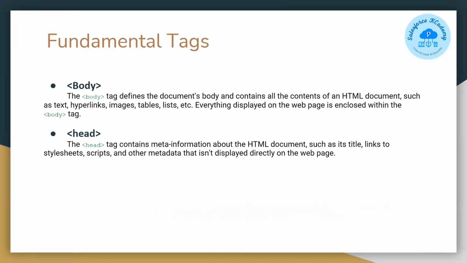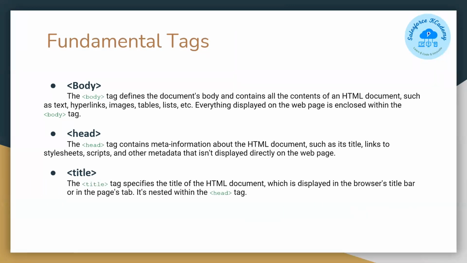Also, it will include the title, and it may include the links to the CSS files and the JavaScript files. We have also seen the title tag: whatever text we give in the title tag will be displayed on the browser's tab at the top.